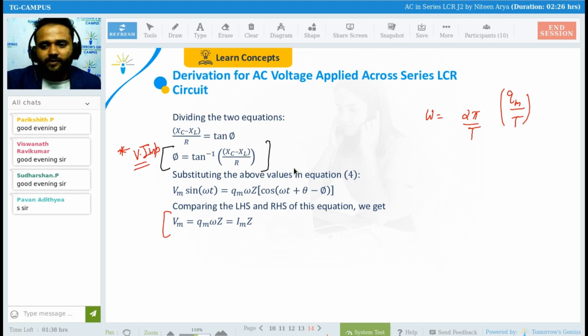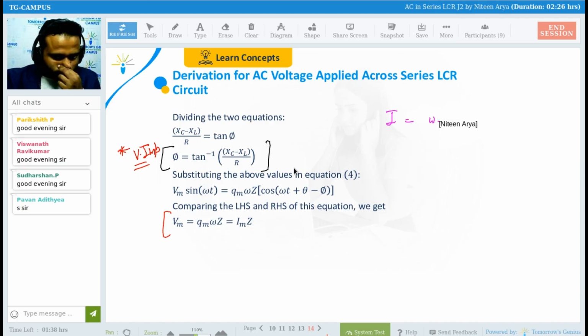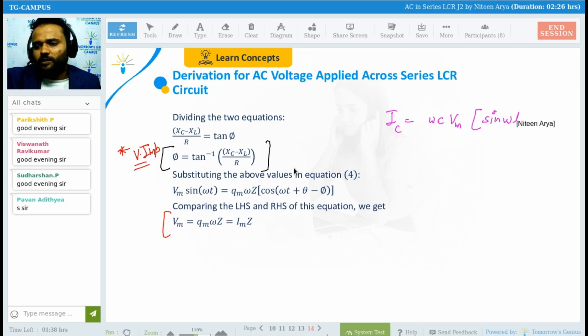So instead of this, we can write directly this one. Like if you remember when we found the current for the capacitive circuit, I is given by omega C into Vm, and then it is sin(omega t plus phi).